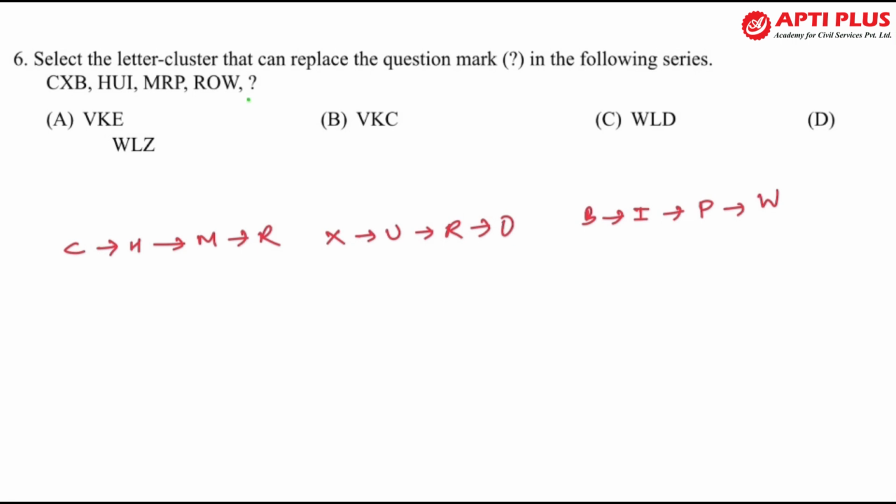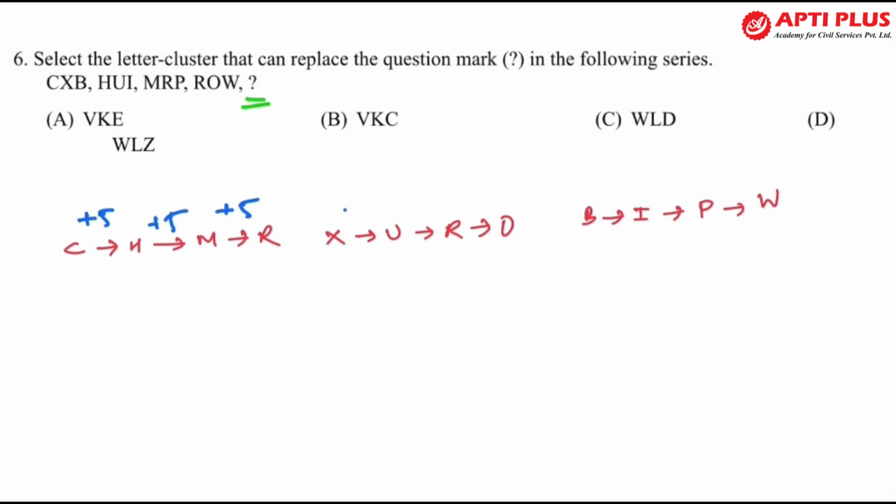The next important question is: select the letter cluster that can replace the question mark in the following series. So here you have to find what the next word will be. If you write the chronology of the first letters, second letters and third letters, you'll find C H M R, X U R O and B I P W. Here you will find a change of plus 5 from C to H, from H to M, and from M to R as well, that is plus 5.